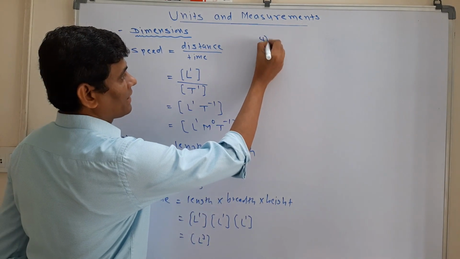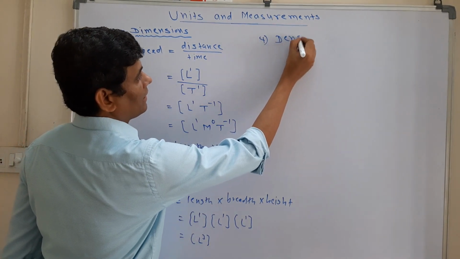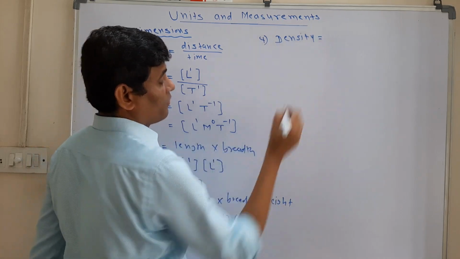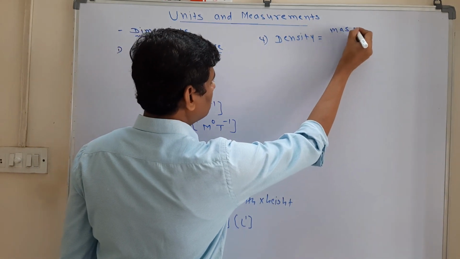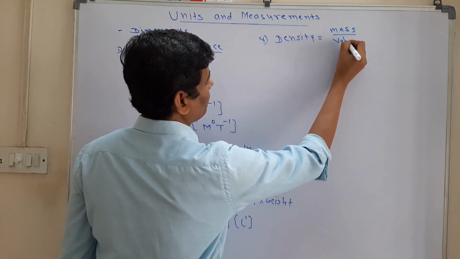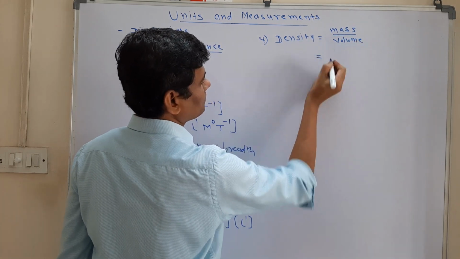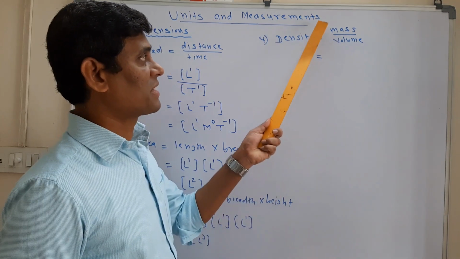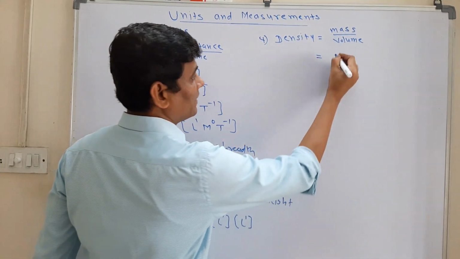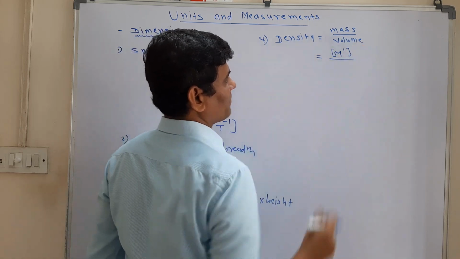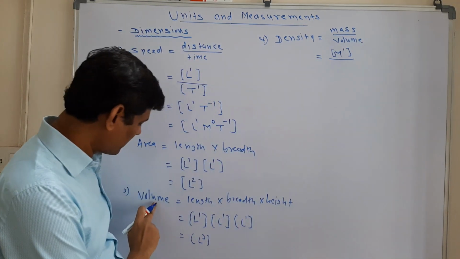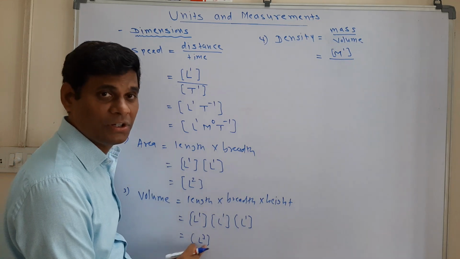Fourth one, say density. First you must know the formula. Density is mass upon volume. Now mass. Which symbol do we use for mass? M. M raised to 1 in square bracket. Now volume. We already did volume. So what is the dimension of volume? Volume is L raised to 3.